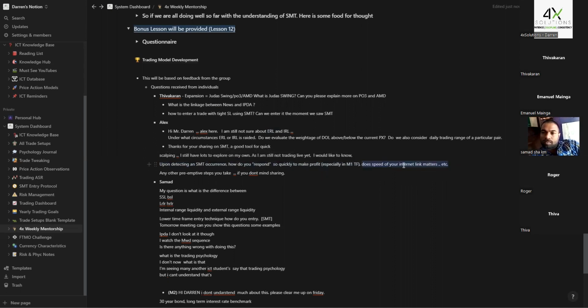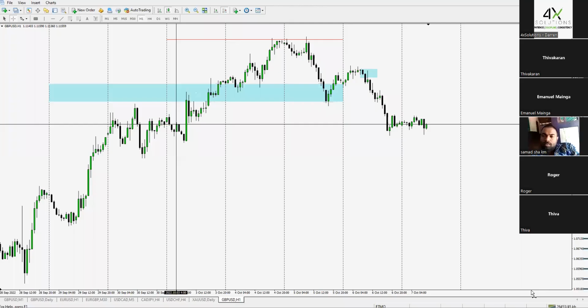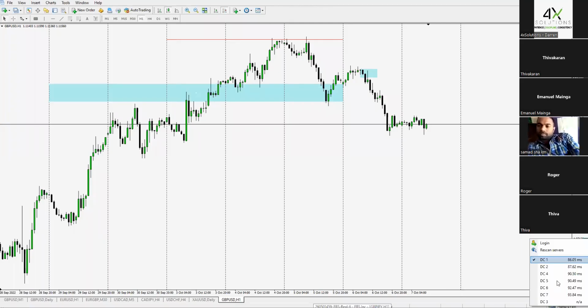And then obviously I'm assuming the question is, does the speed of your internet link matter? And the question isn't really so much about the link speed. It is more about what we call latency. I think Thivakaran, you will know exactly what I'm talking about.